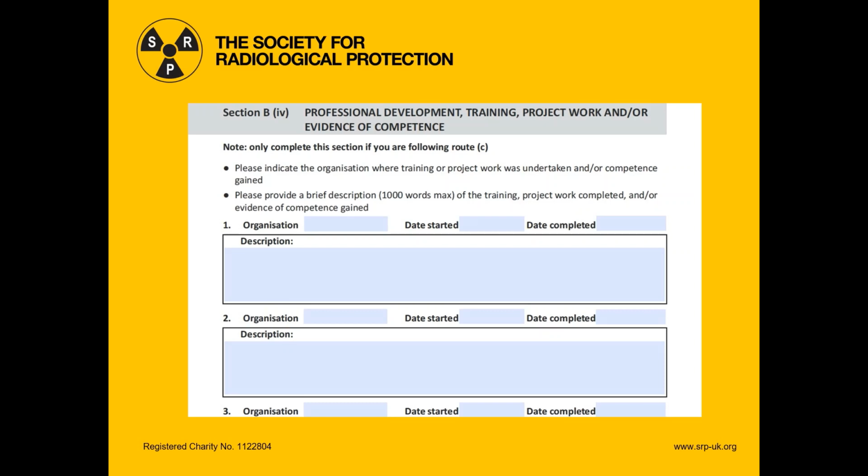You should write in the description box up to 1,000 words describing the training or project work you have completed and explain how this has gained you the claimed competence. Remember to include the name of the organisation where the work was undertaken and the dates when it started and was completed.